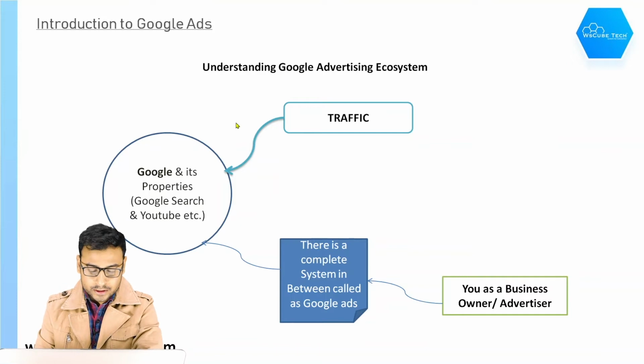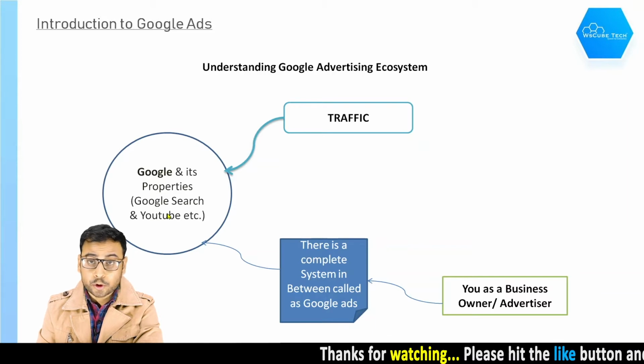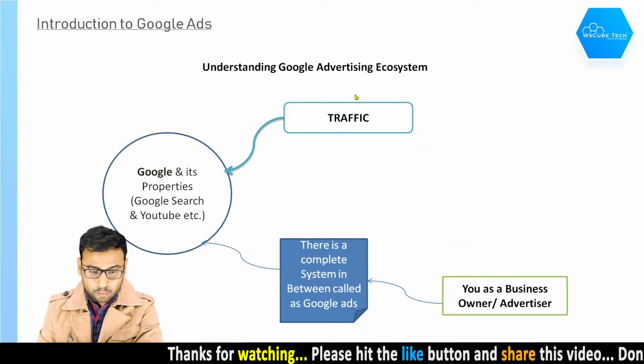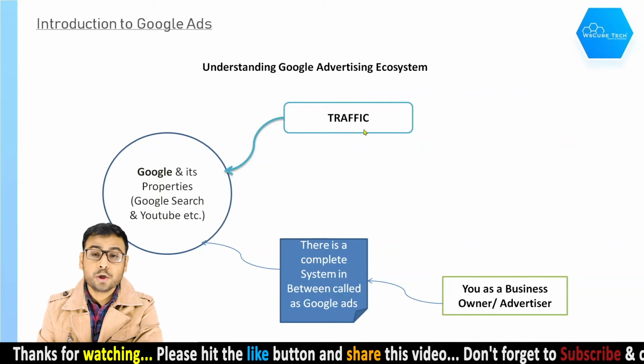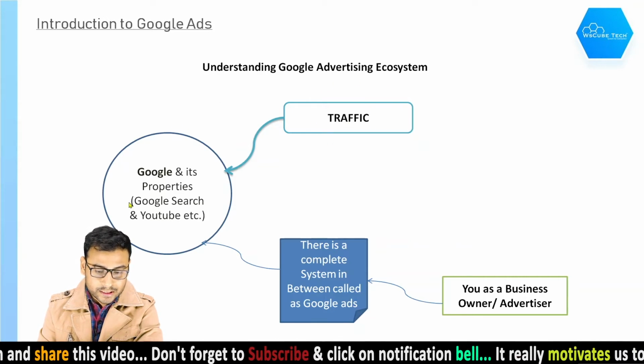Now if you try to understand this diagram, Google and its properties are there, like Google search, YouTube, and then there is traffic which is there on these properties. This is not a small traffic, this is a huge traffic which is there on these platforms.